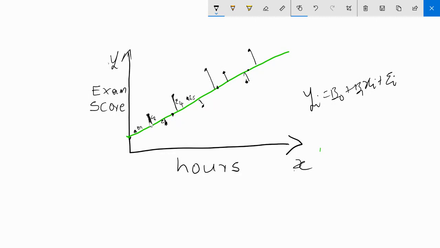What we are saying on these properties is that the expected value of these errors is equal to 0. If you know all the values on the line and you know the actual values, you can calculate the errors. And when you have the errors, you can calculate the mean of these errors, and it has to give you 0.